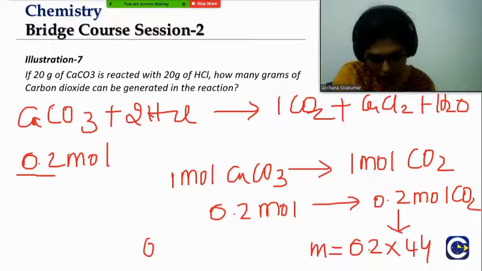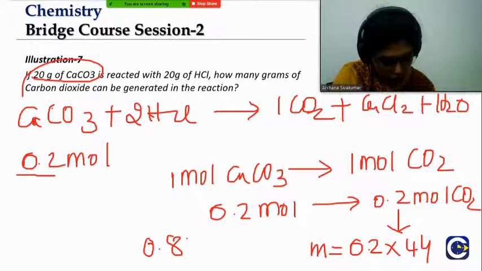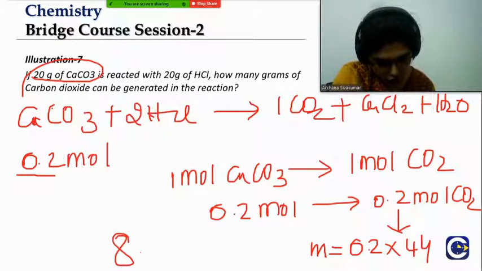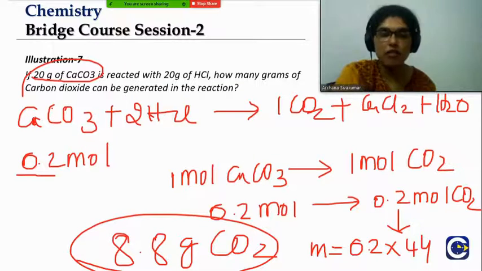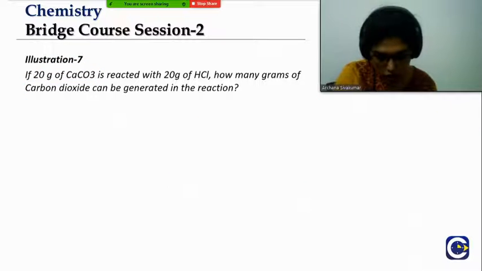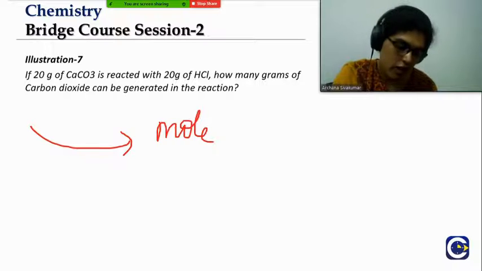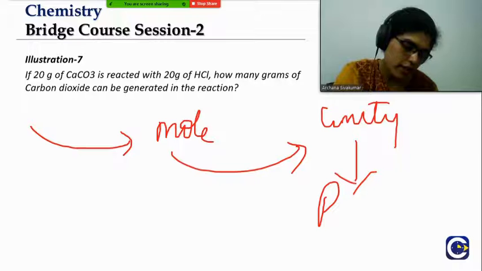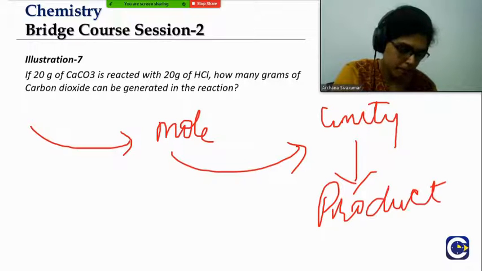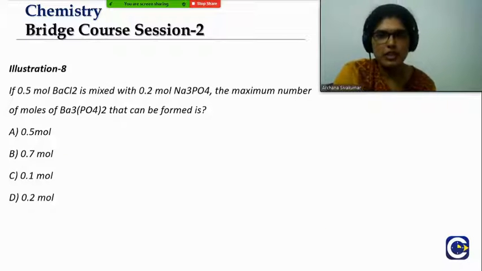So 20 grams of calcium carbonate will give 8.8 grams of carbon dioxide, which we found out based on the limiting reagent. So first we compare the mole ratio and then we use the limiting reagent to find out how much product is produced. Is it clear?